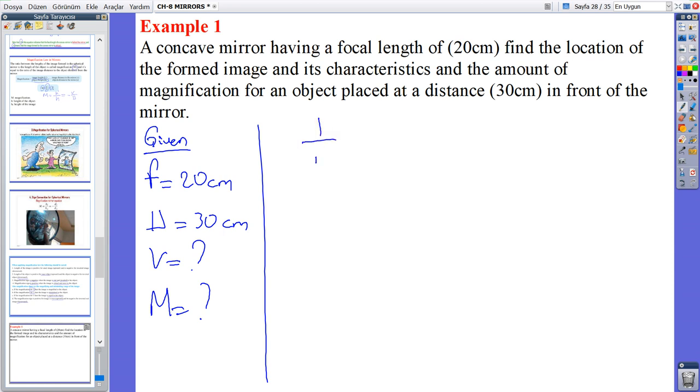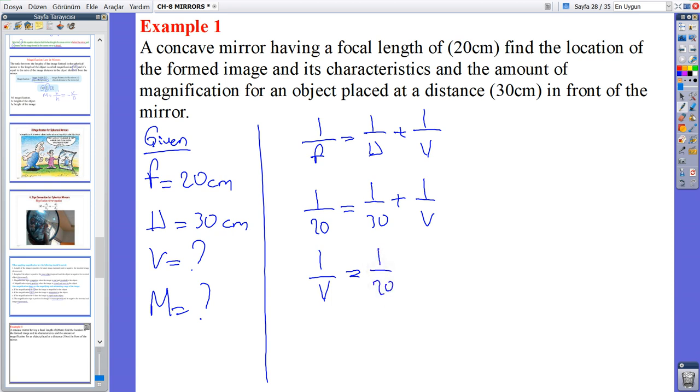If you remember our equation, 1 over f equals 1 over the distance of the object plus 1 over the distance of the image. We know the focal length is 20 centimeters, so 1 over 20 equals 1 over 30 plus 1 over v. 1 over v, or 1 over the distance of the image, equals 1 over 20.